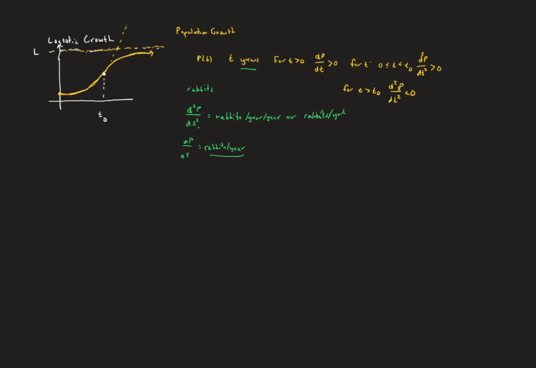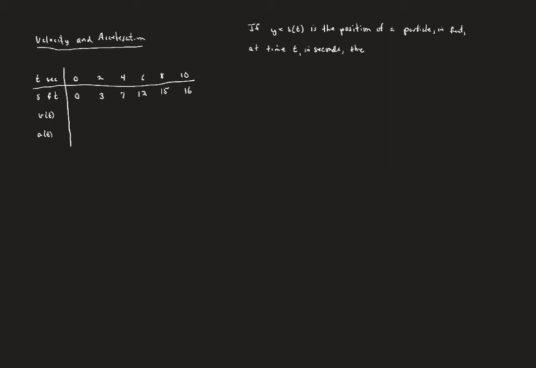Okay, I'm going to go to a new screen here. I have put a table up that shows some data that I just made up. Particle motion is a very common problem that comes up in AP Calculus.